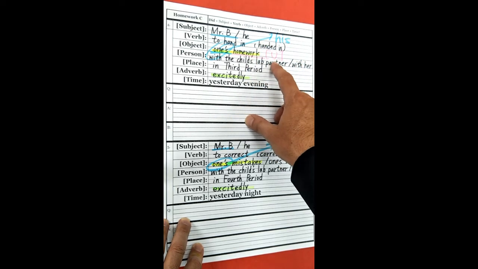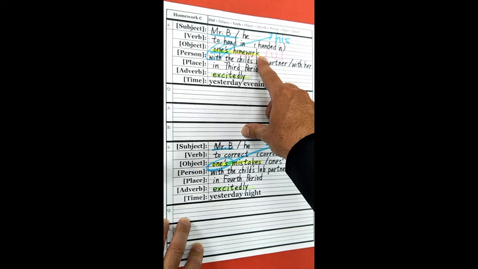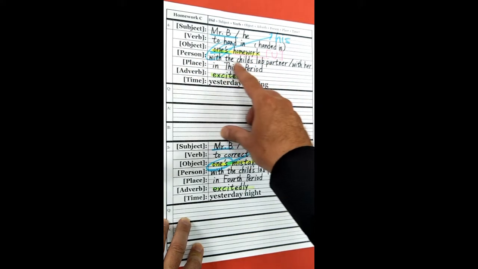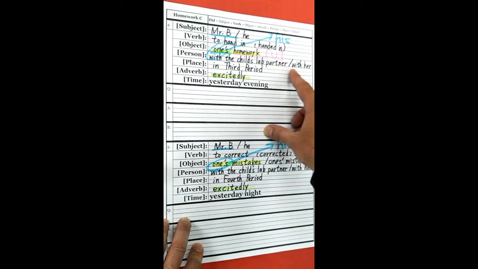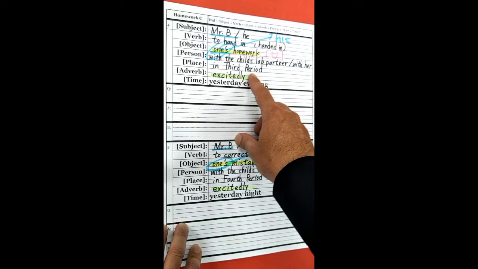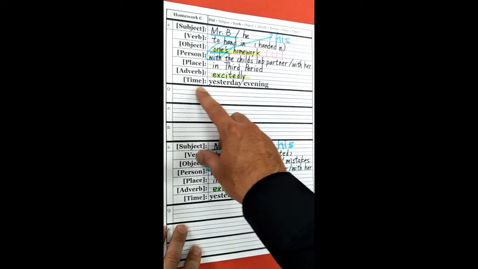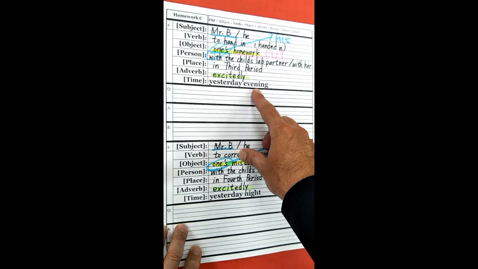Remember, homework is a non-count noun. We don't have an S at the end of homework. No way. Person, with the child's lab partner, with her. Place, in third period. Adverb, excitedly. Time, yesterday evening.